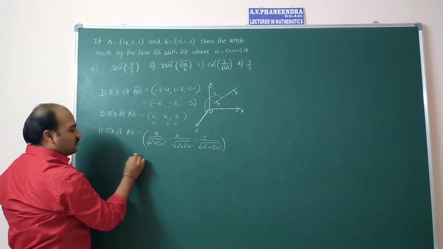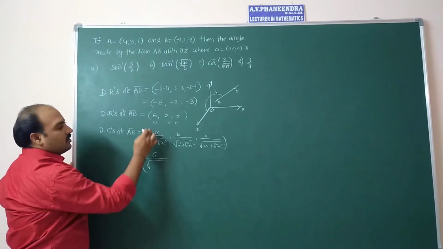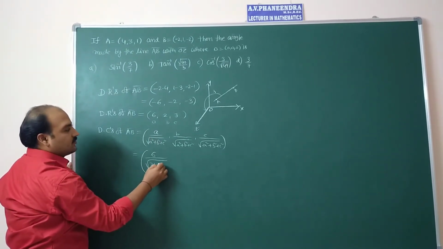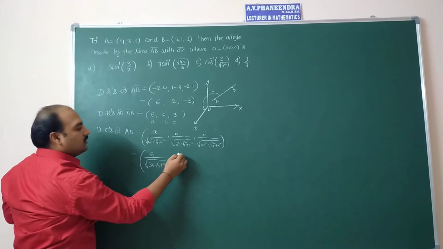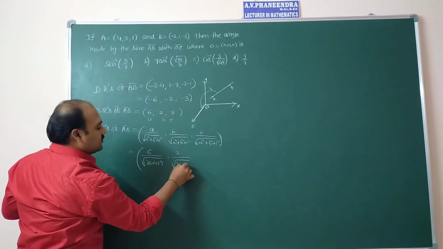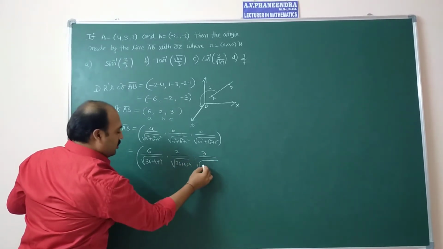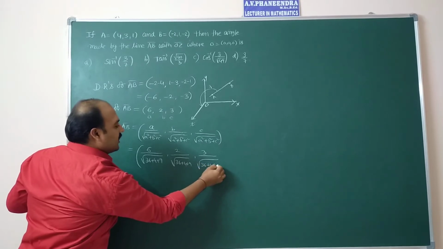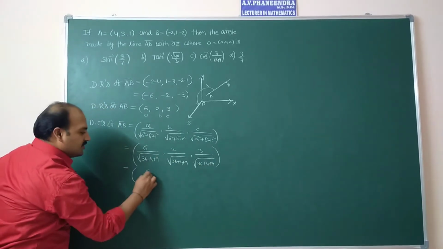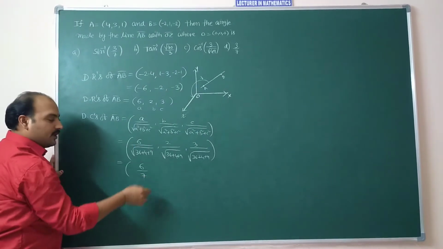So ABC values we have already. 6 by square root of 36 plus 4 plus 9, 2 divided by square root of 36 plus 4 plus 9, 3 divided by square root of 36 plus 4 plus 9, which is equal to 6 by 7. 36 plus 4 is 40, 40 plus 9 is 49, root 49 is 7.